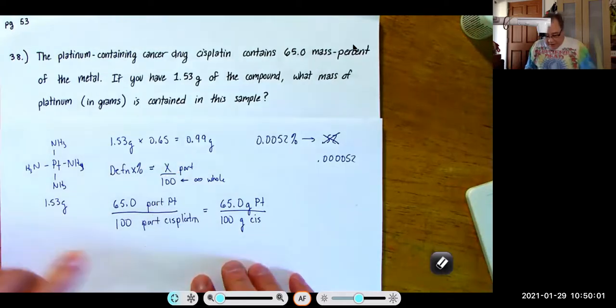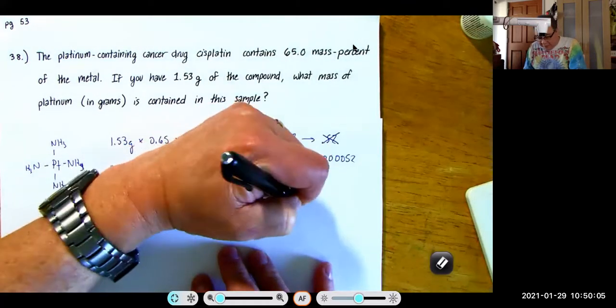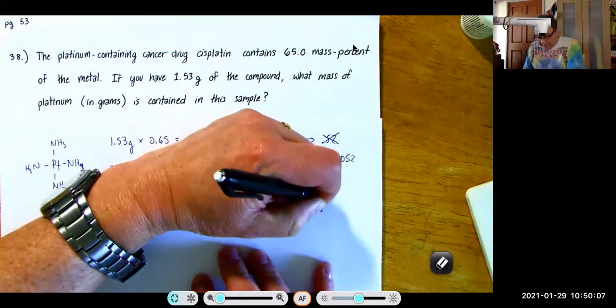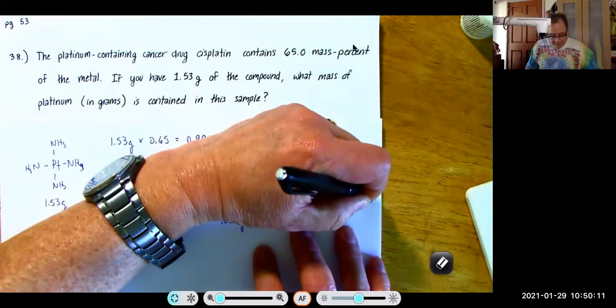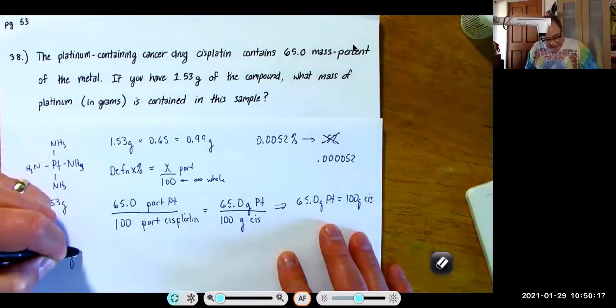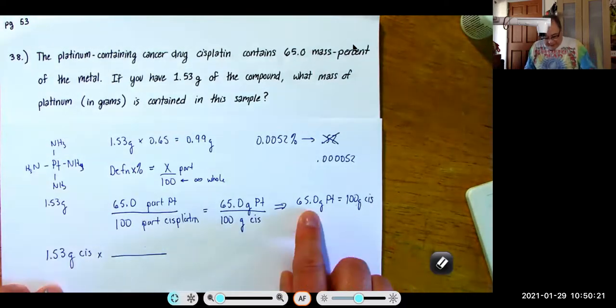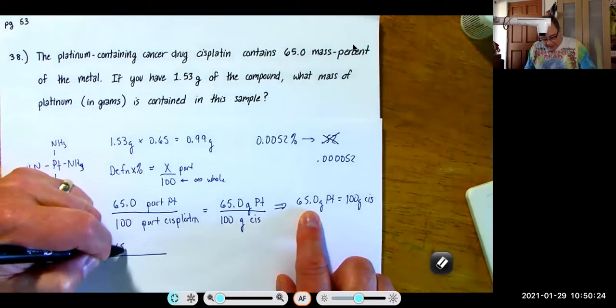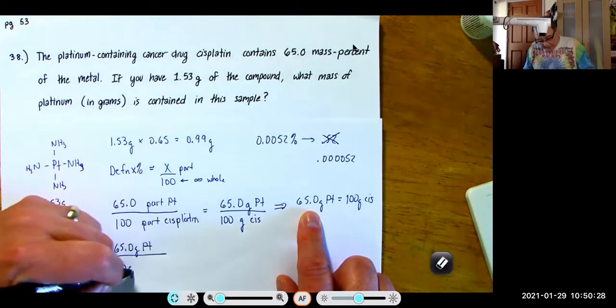All right, so now this means that 65.0 grams of platinum can be found in 100 grams of cisplatin. So if I start with 1.53 grams of cisplatin, I'm going to multiply by the 65.0 grams of platinum on the top and the 100 grams of cisplatin on the bottom.